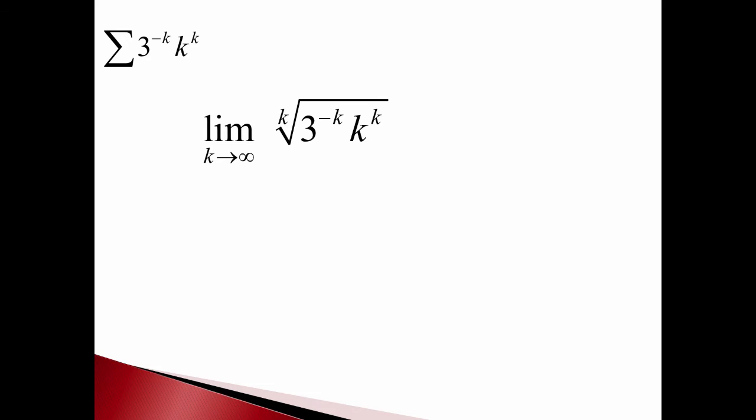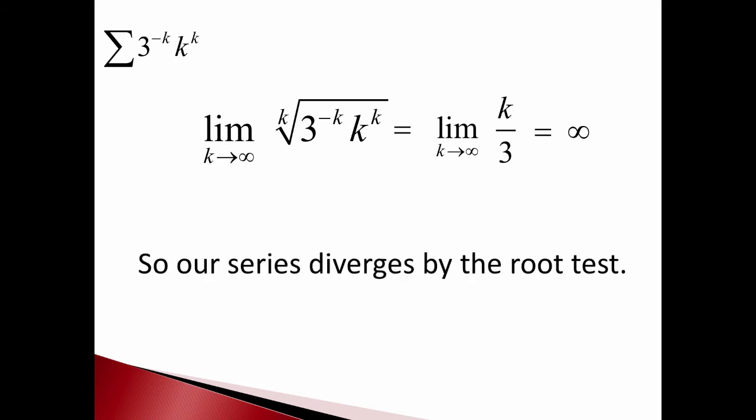And the kth root of k, of course, will just be k. So we end up with a k and a 3 to the negative 1 power, which I'll go ahead and put in the denominator. So then, super easy to take the limit, right? As k goes off to infinity, k over 3 goes to infinity, which is definitely bigger than 1. So that means our series diverges using the root test.